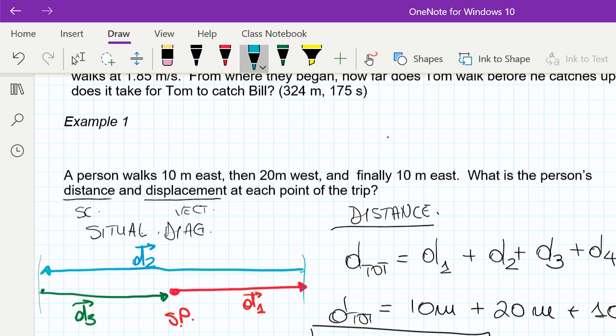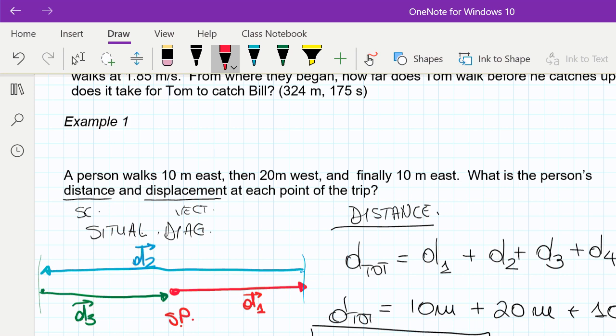Now, when we talk about displacement, displacement is a vector. And always keep this in mind for displacement: it is a vector that starts at the starting point of the motion and ends at the end point of the motion.